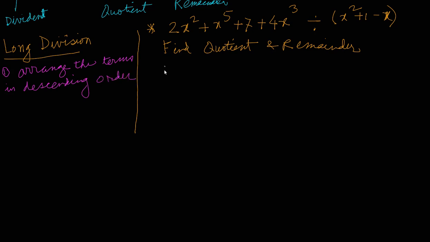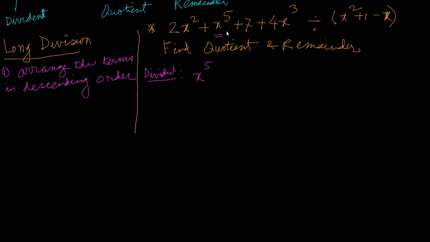Let us see what my dividend is and how I can write it. First of all, what is the highest power of my dividend? x power 5. So I'm going to write x power 5 here.